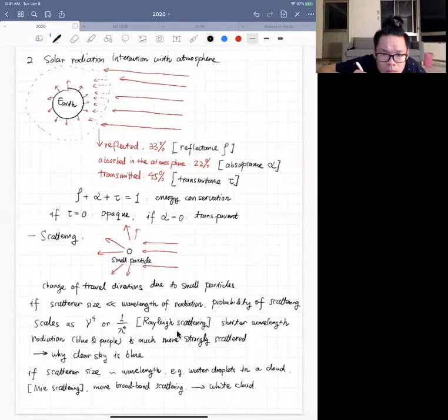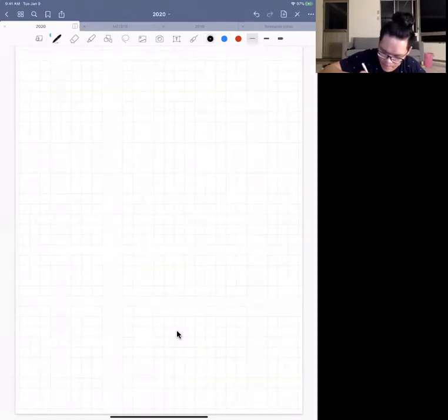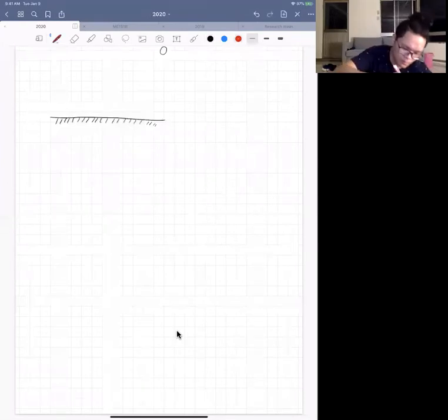Okay, so this is just something to keep in mind. Because of all these scatters, the correct physical picture of solar radiation coming into Earth is this. If this is the ground, this is the sun, this is Earth. When you think about converting solar energy, there are always two components that need to be considered.